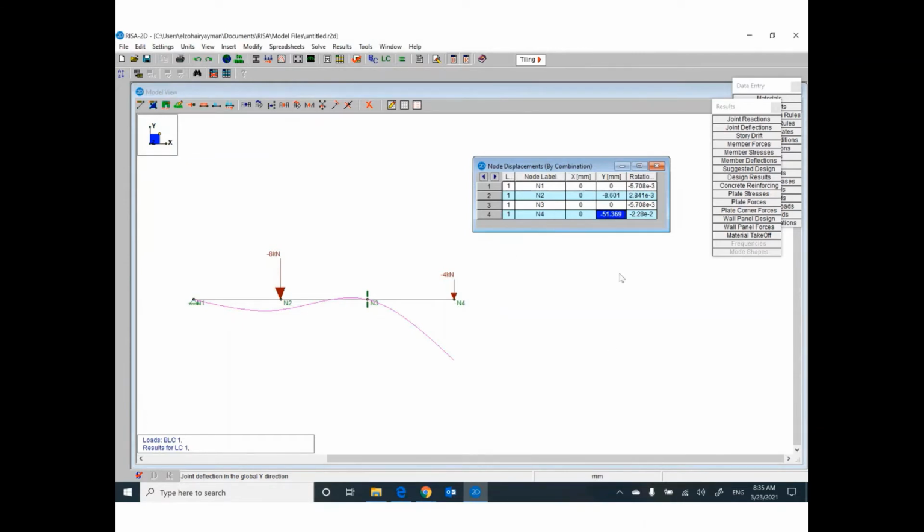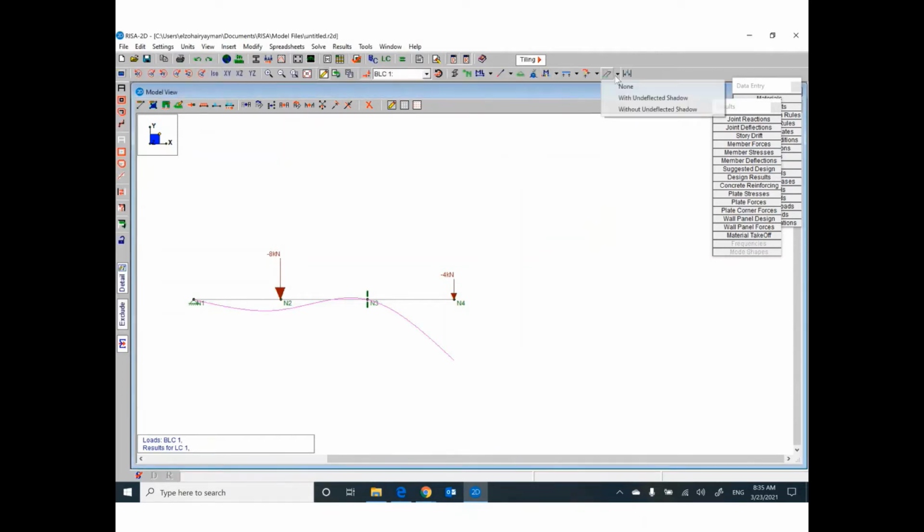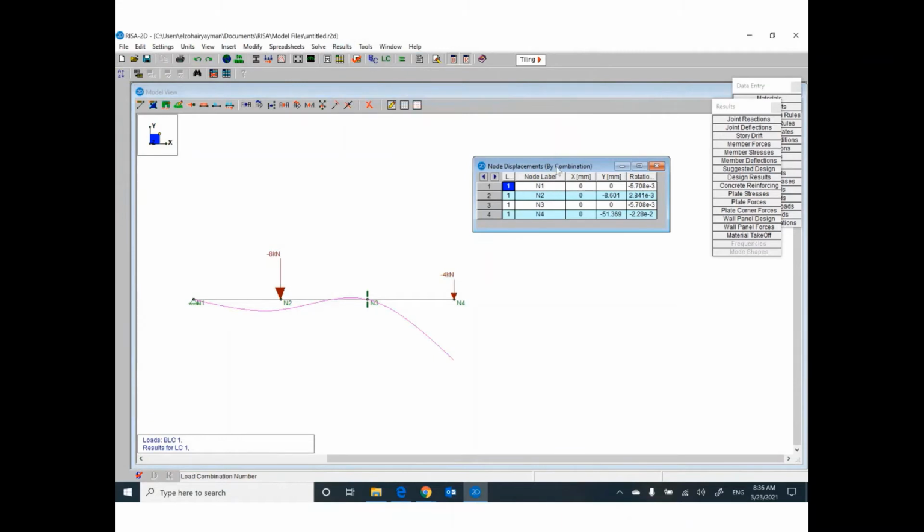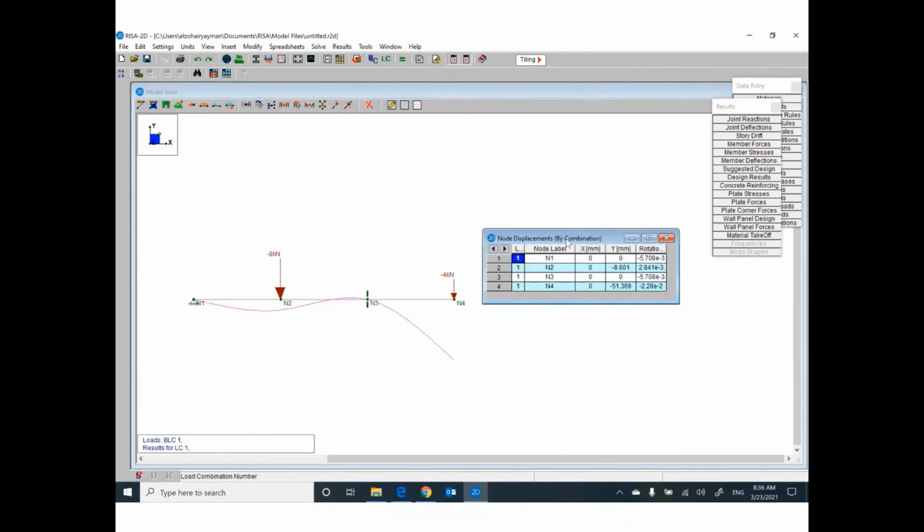How much? Why down? Because it's negative. How much? 51.3 millimeter. So Risa can draw deformed shape, and also from results, joint deflection, this window can show you what is the deflection and also what is the rotation, theta, for every node in the beam.